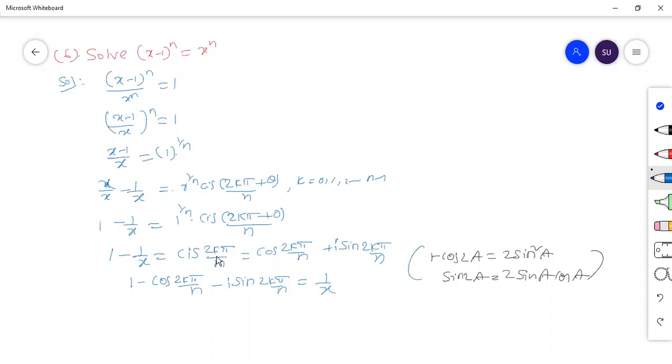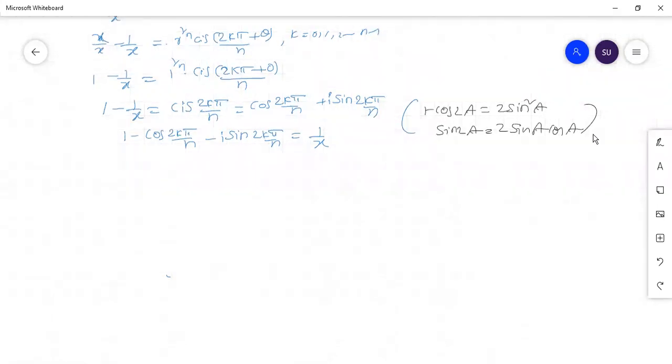So cis 2kπ by n means cos plus i sine. So I'm taking 1 by x this side and this term this side. 1 minus cos is nothing but what? 2 sine square. So use this formula.